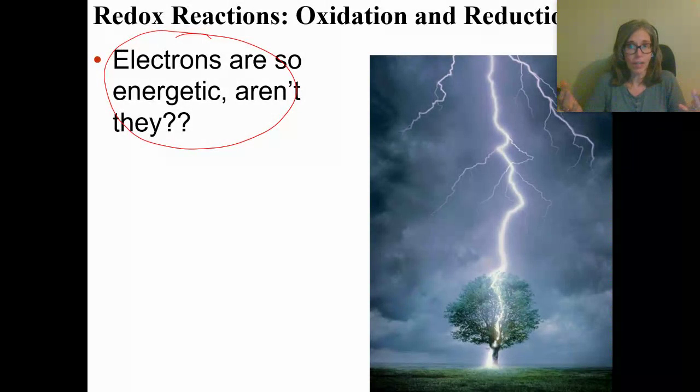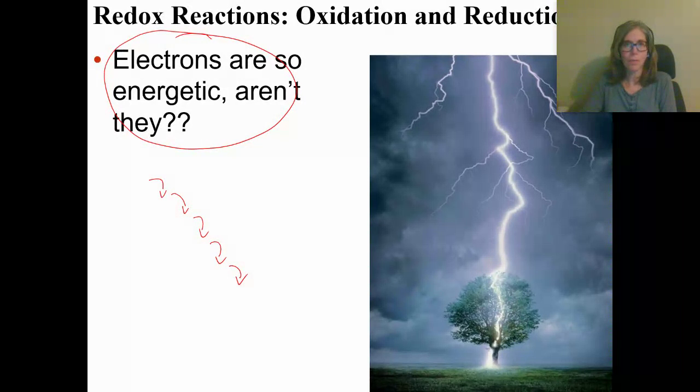It's a really big static discharge, and it's really powerful. It can kill you. It can burn down a tree, right? So electrons are really, really energetic, and that's what I want you to remember as we go through these redox reactions. Thankfully, in cellular respiration, we have a whole bunch of little redox reactions that happen in these tiny little steps, so we're not burning anything down.